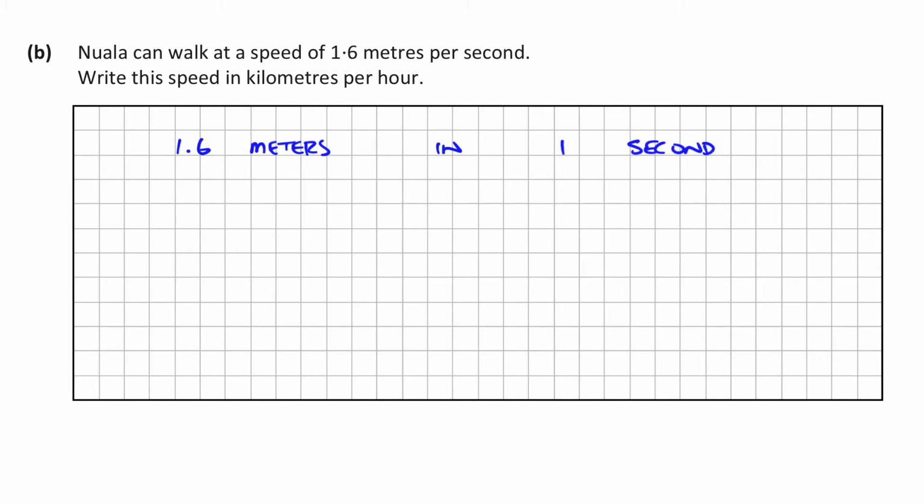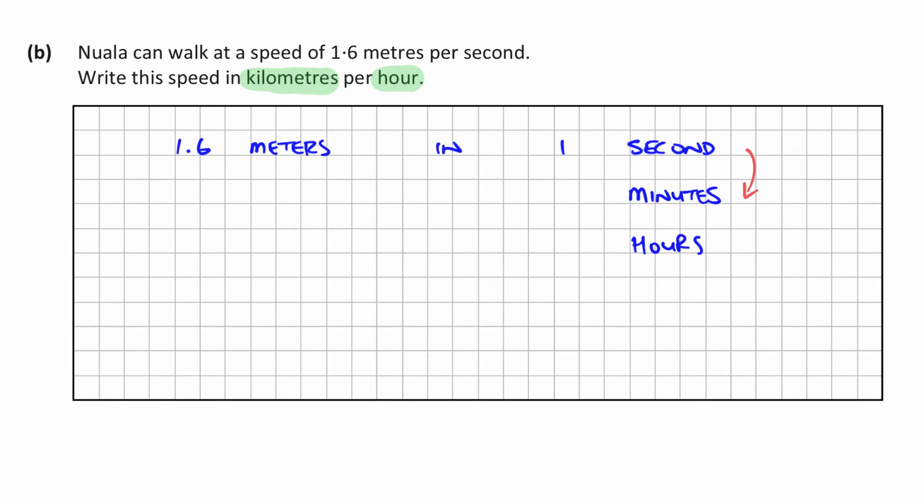Now, they want us to convert all this to kilometers per hour. Okay, so what I'm going to do is I'm going to convert that. First of all, I'll look at the time. So in order to convert that to hours, I'll need to convert it to minutes first, and then I need to convert it to hours.